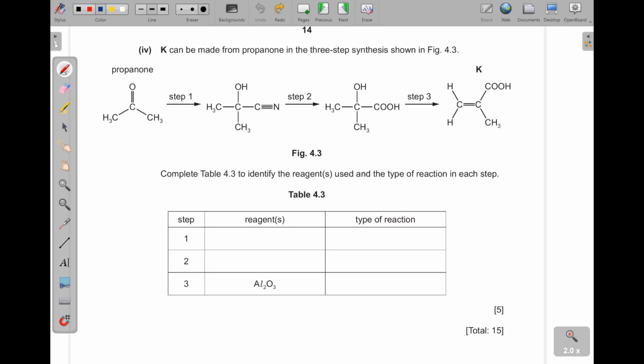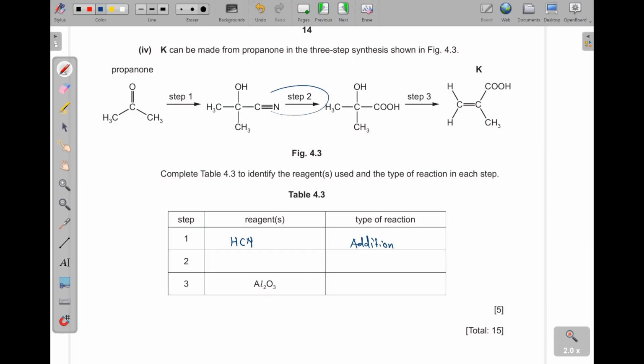Now, what are they saying here? To complete the table, to identify the reagents used and the type of reaction in each step. Now, for the first one here, like I said, hydrogen what? Cyanide. So I'll put hydrogen cyanide, or you can put potassium cyanide, whatever. Type of reaction, this is an addition reaction. And then let's go to the next one here.